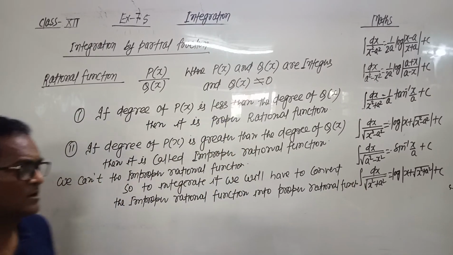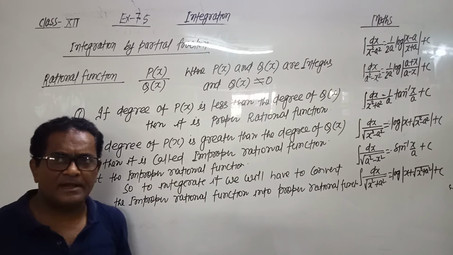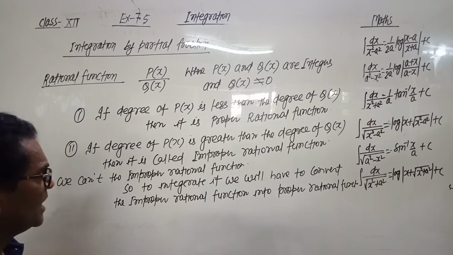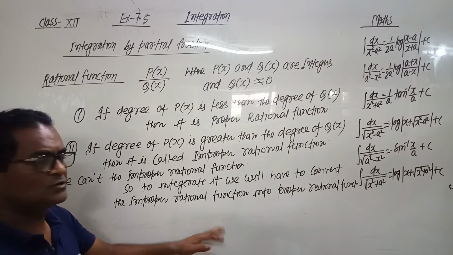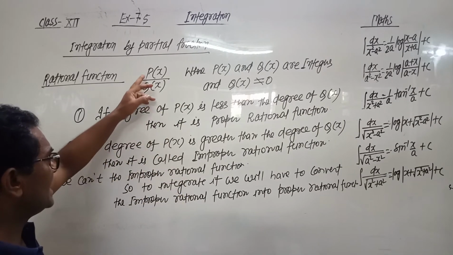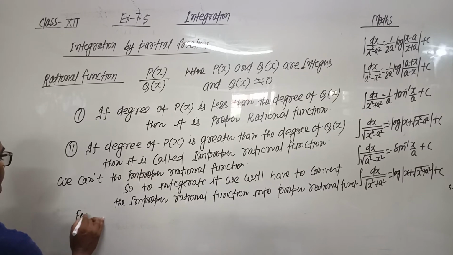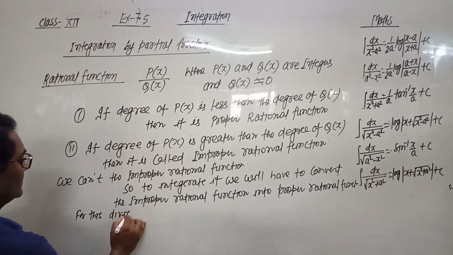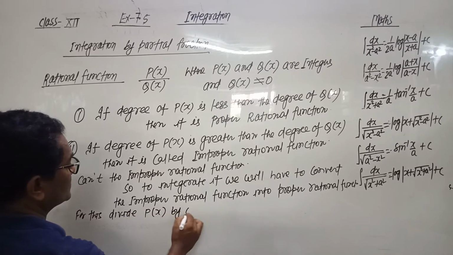Improper rational function को integrate नहीं कर सकते, तो इसे integrate करने के लिए पहले improper को proper में convert करना पड़ेगा. And the way to convert the improper to proper, we will divide px by qx.